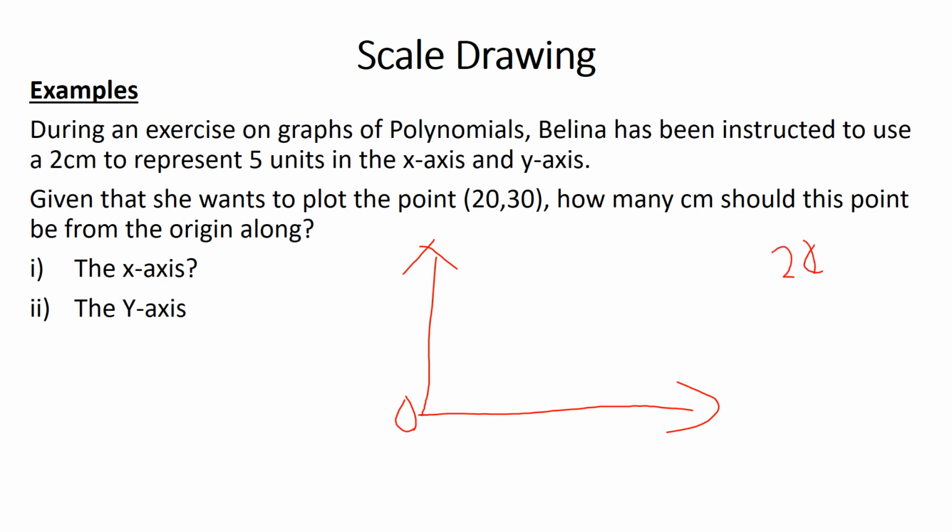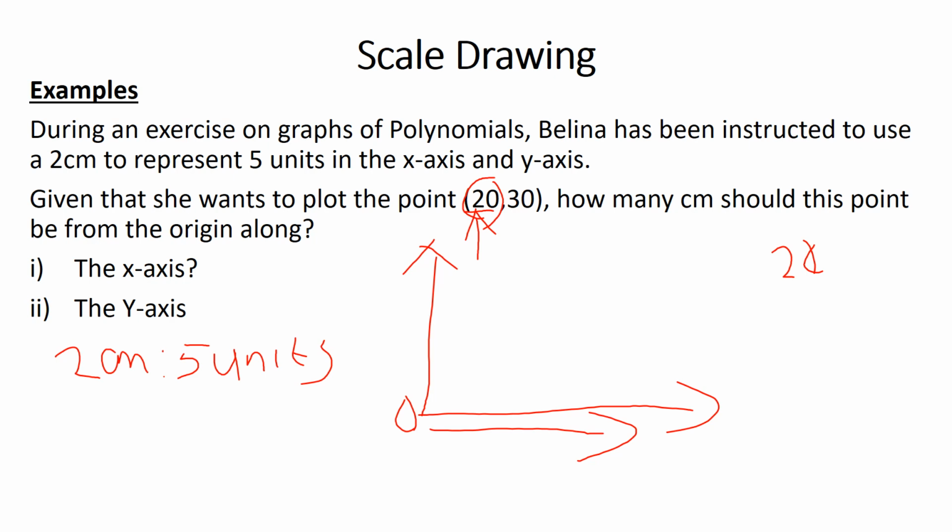The easiest way she can know where this 20 is going to be along the x-axis, since this is the x value, is to know how many centimeters this 20 represents. They have said 2 centimeters represents 5 units. So 20 units are going to represent what? That's the question.